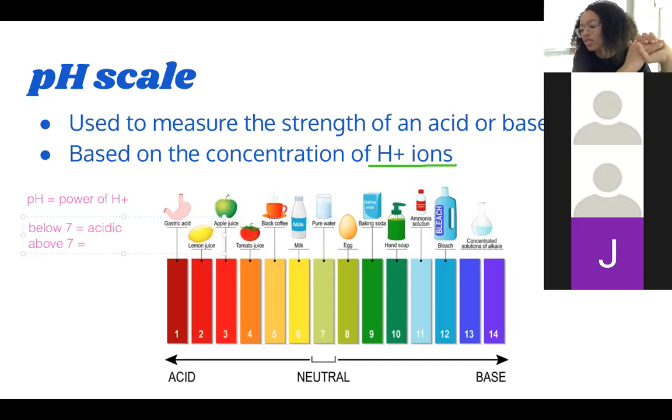I know y'all know this word. Maybe you don't use it in this context, but I know y'all know this word. We don't know it, miss. Basic. Something's a base, it's basic.